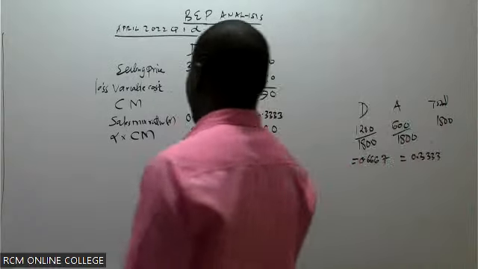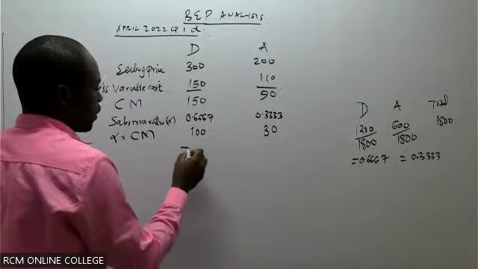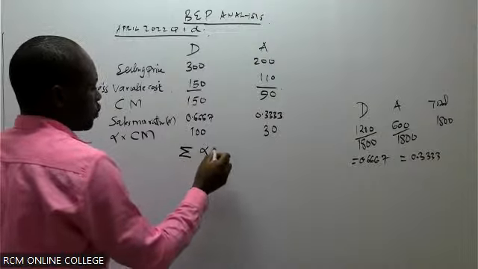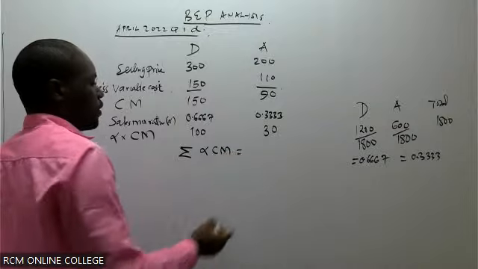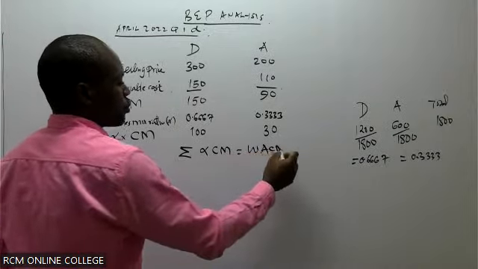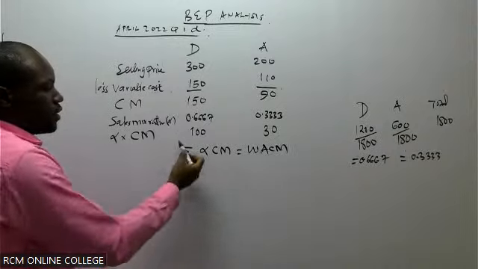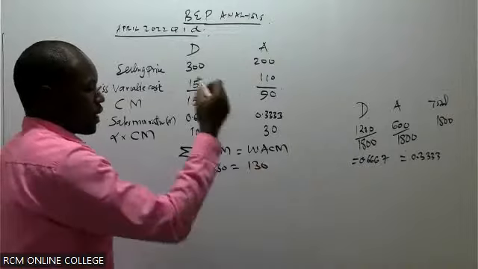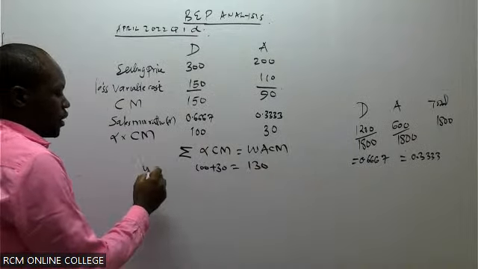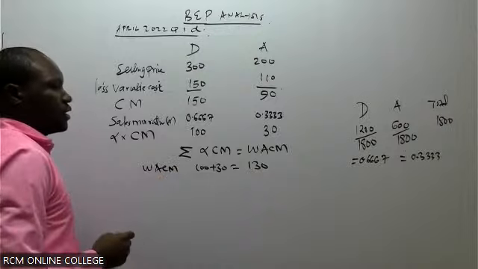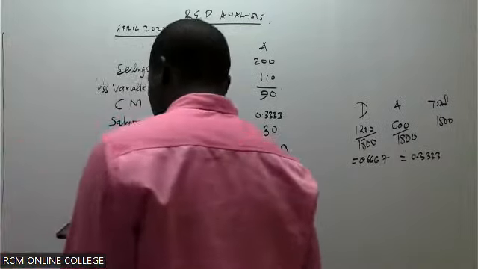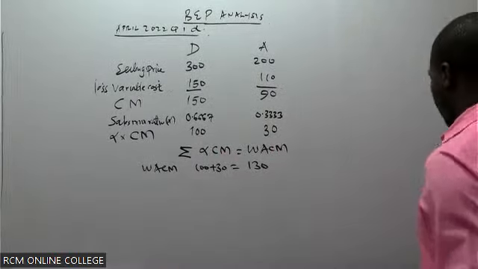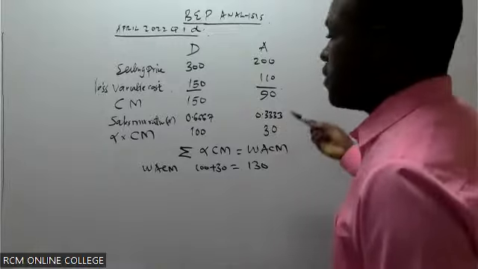Remember we are required to get the summation of alpha multiplied by contribution margin, which gives us the weighted average contribution margin. The summation of 100 plus 30 is equal to 130. So that is our weighted average contribution margin. The total fixed costs we already have, which was 156,000.